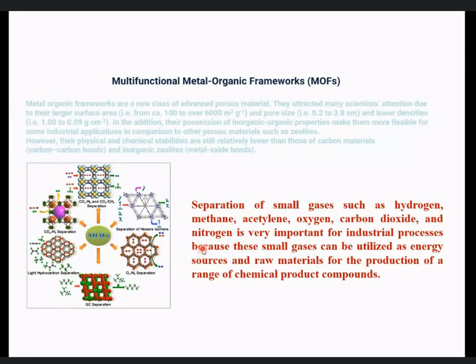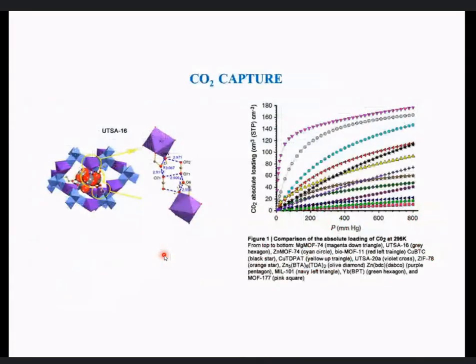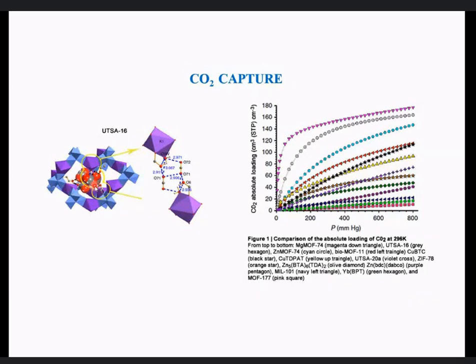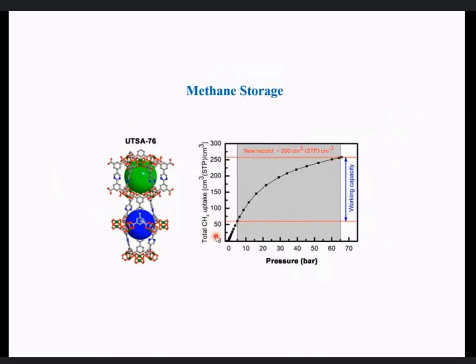So I'll give you certain examples where MOFs are used. This is a slide. I'm not going into the details of this. This is one: carbon dioxide capture. Very important these days. You have to remove carbon dioxide, and MOF can remove carbon dioxide. This kind of material can be prepared, and they can encapsulate carbon dioxide within the material. And then methane storage, you can do that.